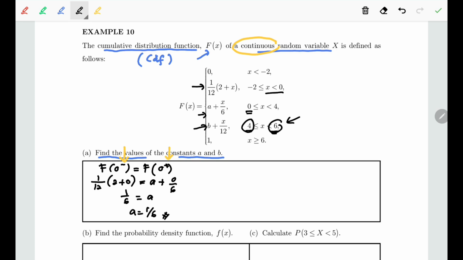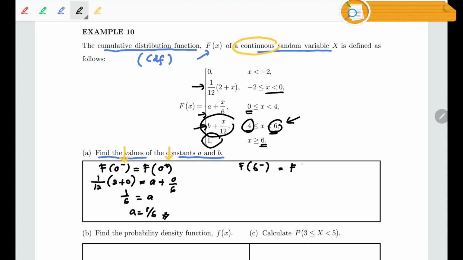Because when we substitute 6, we substitute 6 into this function and also into the next function. This is quite easier than choosing 4. So f of 6 from the left equals f of 6 from the right.